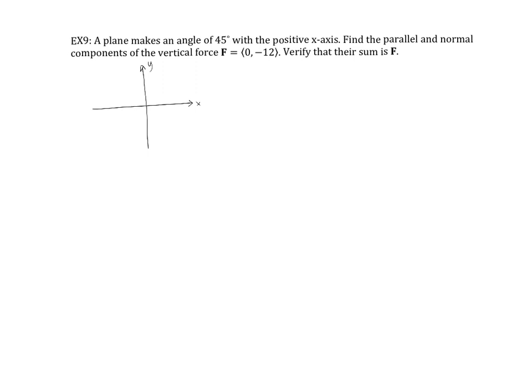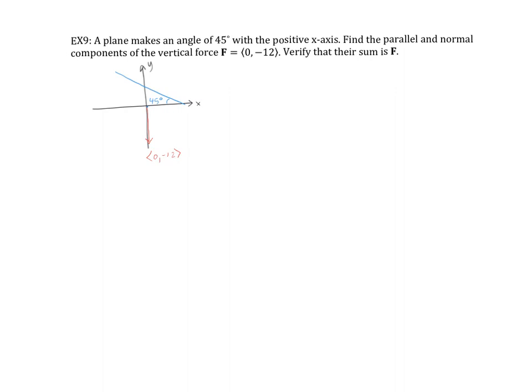So it inclines with the positive x-axis, and then it makes a 45-degree angle. All right, find the parallel and normal component. The force vector is 0, -12. So again, it really doesn't matter where I draw things. I can draw my force vector coming down here at 0, -12.